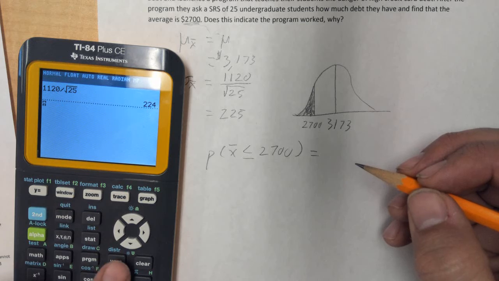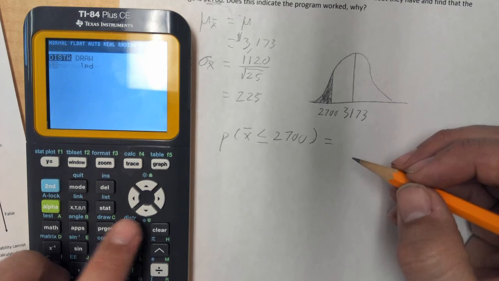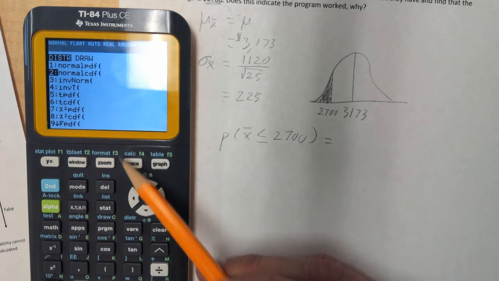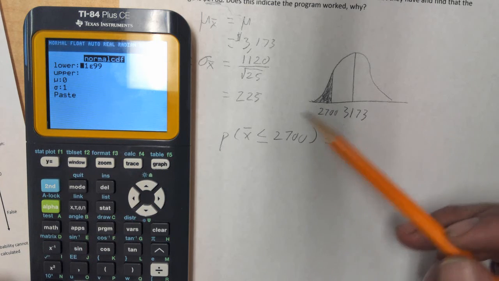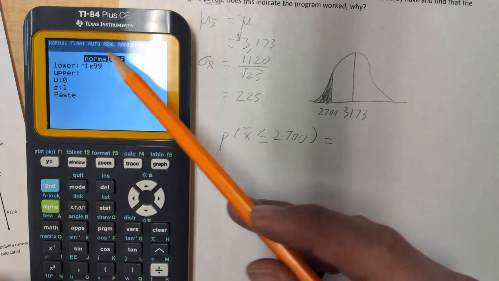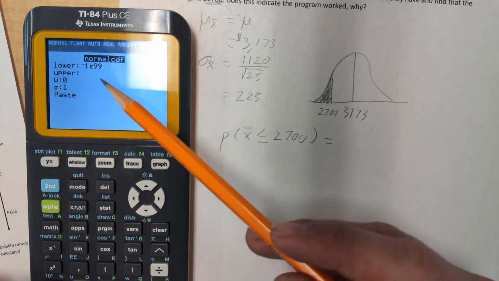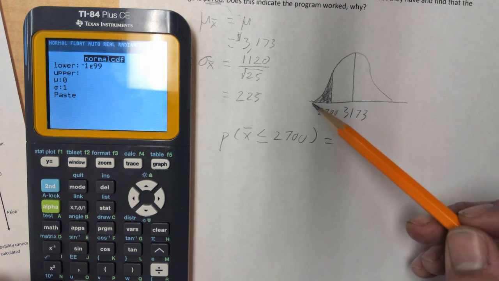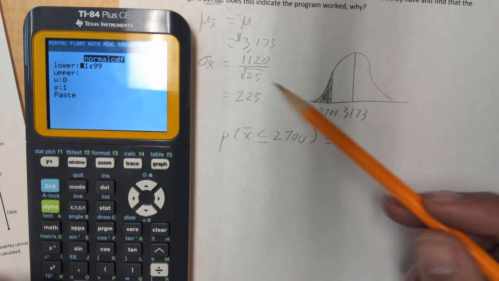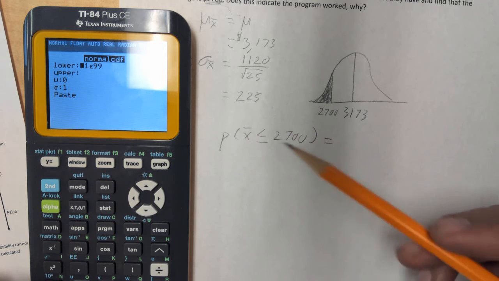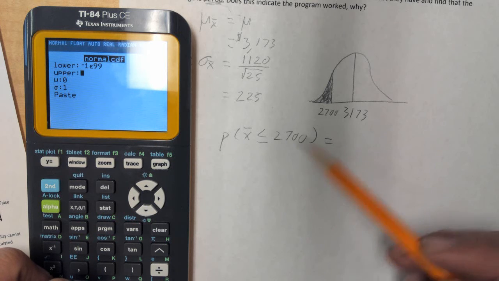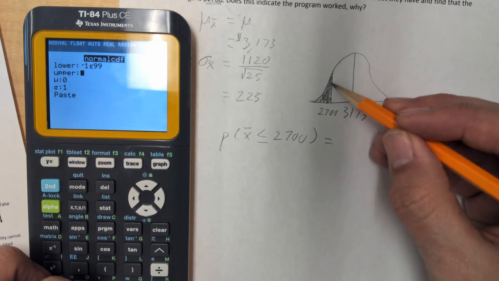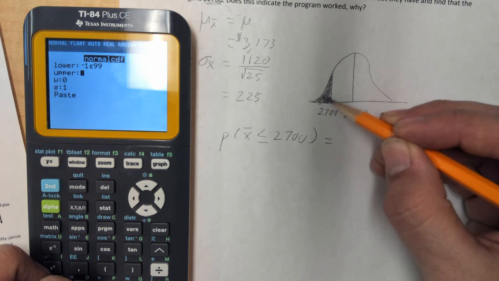To do that, we're going to use our calculator and do the normal CDF. So we go second, distribution, and down to normal CDF. Our lower in this case is going to be some big negative number, because we're looking for everything below this. Upper is the 2,700, because we don't want anything above the number we got.